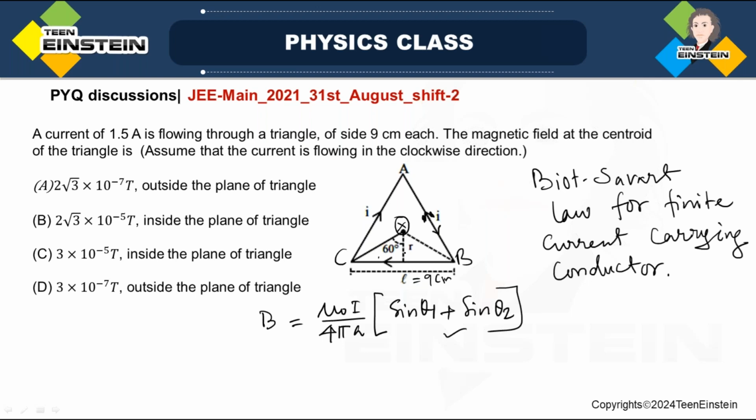We'll put the values later. And I need to find out the magnetic field at this point. This is the centroid. So I need to find out what is the distance from this wire. So this a is actually r here, the perpendicular distance from the wire where the magnetic field has to be calculated due to this current carrying conductor.